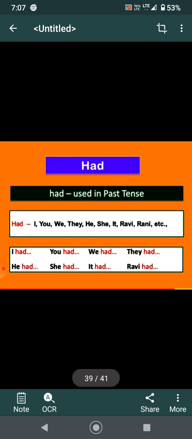And had is used in the past tense. Had is used with I, you, we, they, he, she, it, Ravi, Rani, etc. I had, you had, we had, they had, he had, she had, it had, Ravi had. Means had is used with all, whether singular nouns or plural nouns.